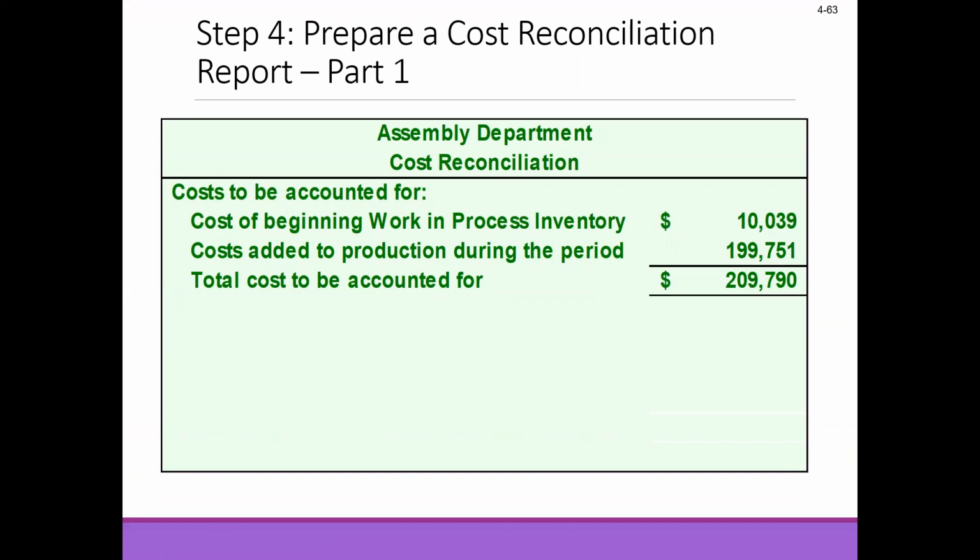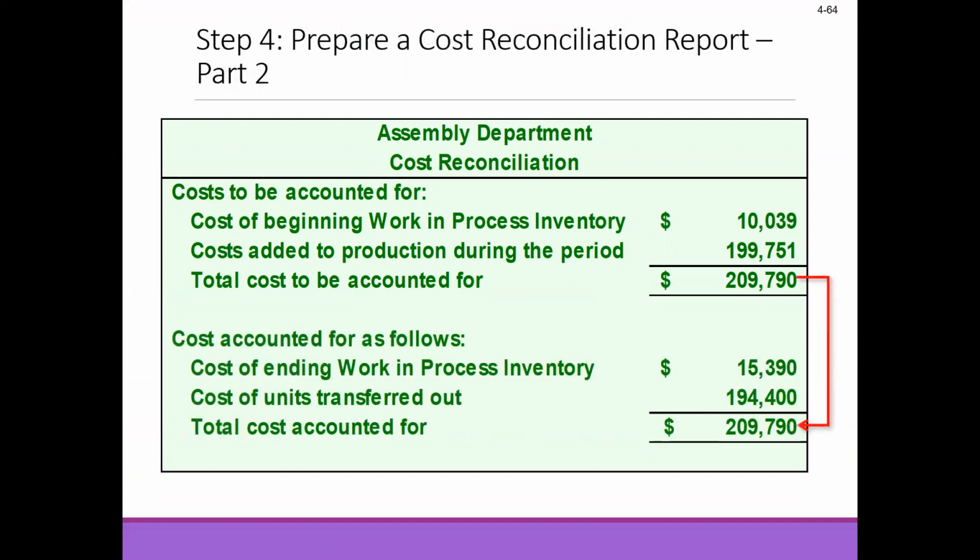So we have total cost of $209,790. This is how we know what happened to them. We know our ending work in process was the $15,390. And the costs that were transferred out was $194,400. So it all balances. We can account for where all of our costs are.